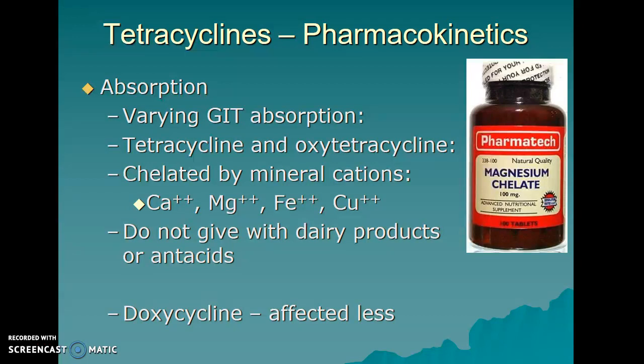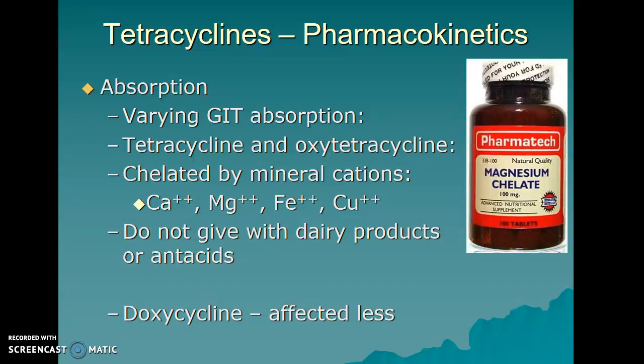So we don't want to give the older tetracyclines, tetracycline and oxytetracycline, with dairy products or antacids. The antacids are going to change, especially the antacids that have these cations in them. So things like Rolaids, Tums, Mylanta, those kinds of drugs. They will chelate and take out these drugs.